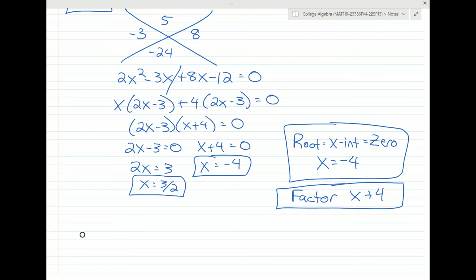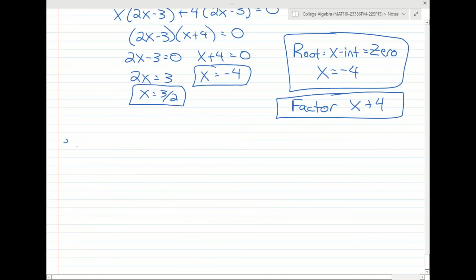All right, and the last one for tonight. We'll finish on a high note with a word problem. I expected somebody to groan. Nobody likes word problems.